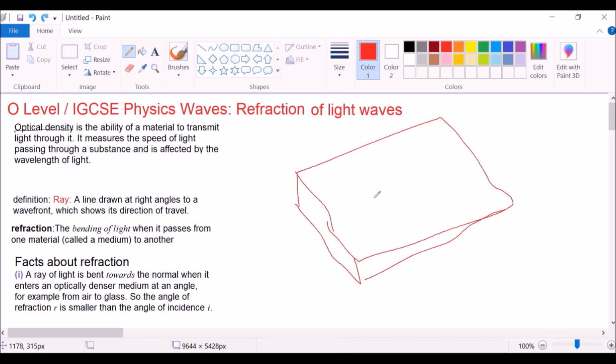If we are generating straight waves by oscillating up and down, the direction of travel of the wave is given by a straight line which is perpendicular to the waves. A ray is a line drawn at right angles to the wavefront, which shows the direction of travel of the wave.